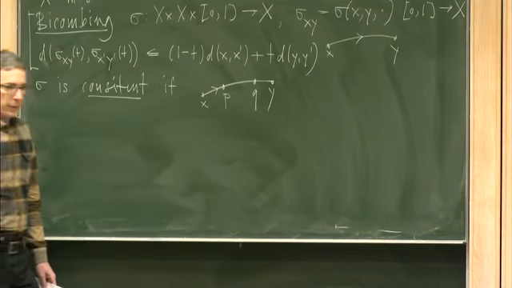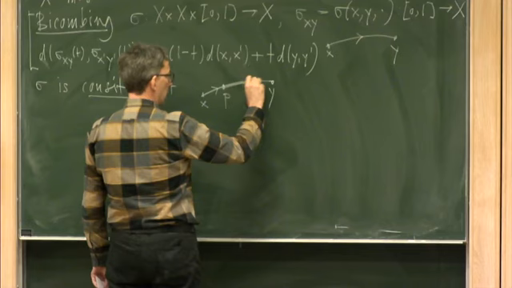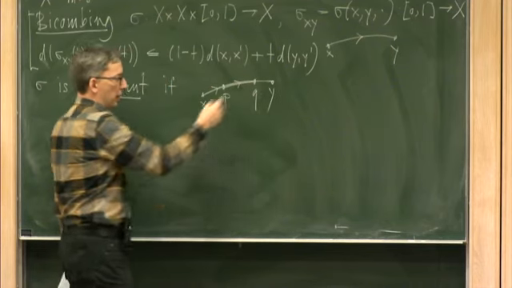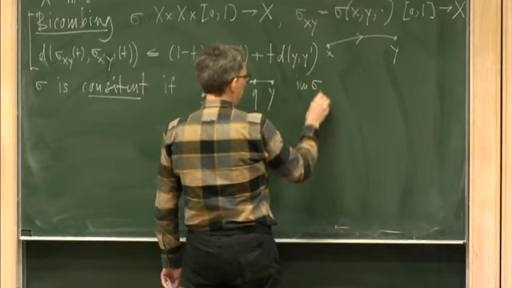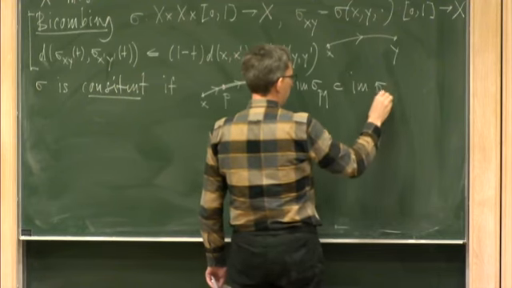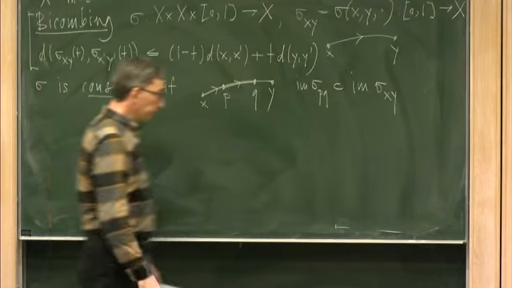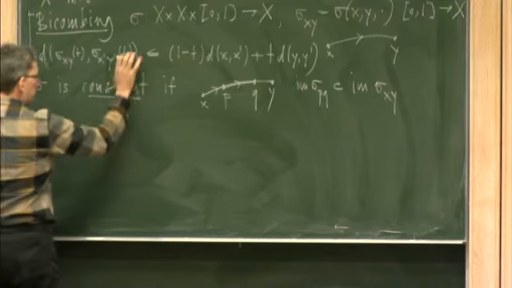Then the bicombing geodesic from p to q is supposed to be a subsegment. Right? So the image of sigma_pq is contained in the image of sigma_xy. Consistent. Right?